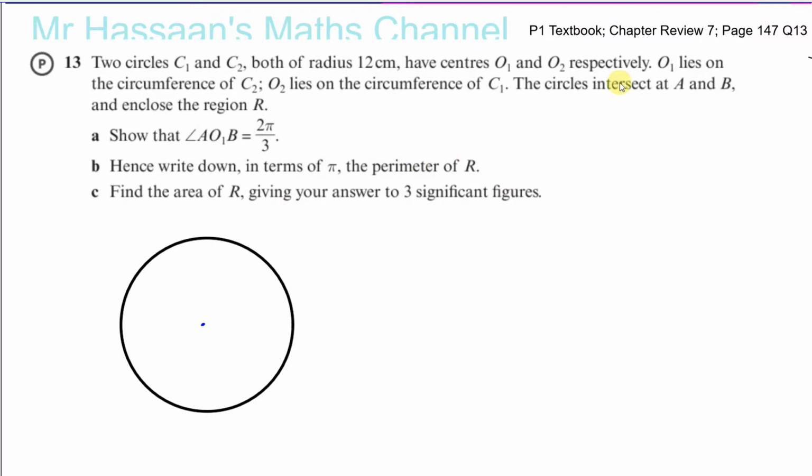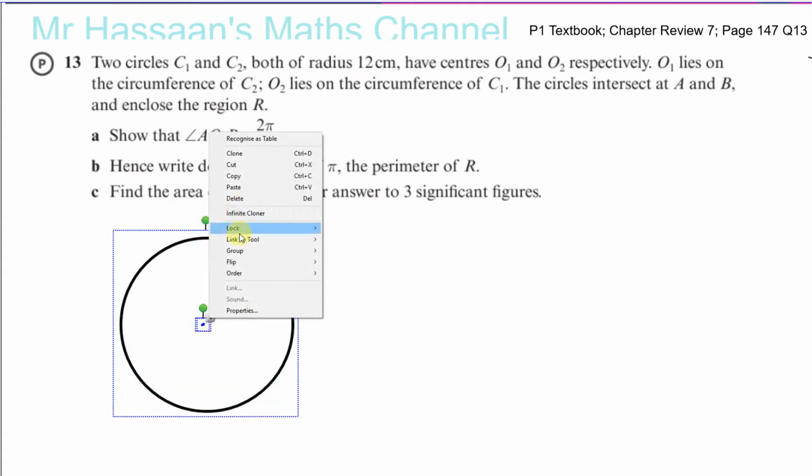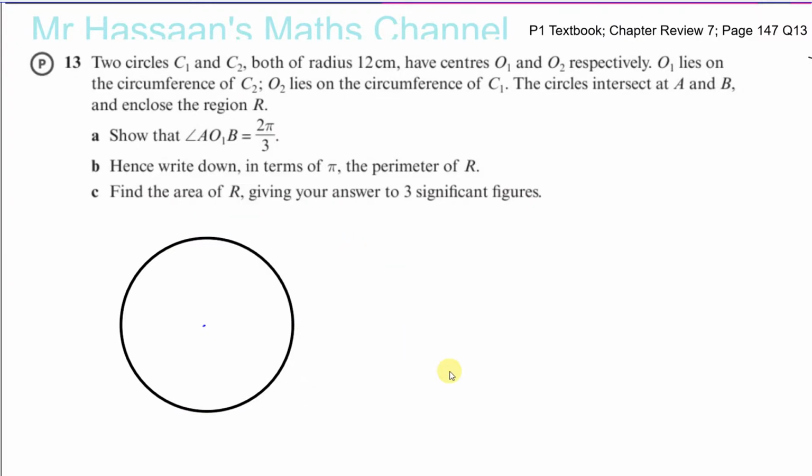So it says basically the centers O1 and O2. O1 lies on the circumference of C2. Let me just group it together so they'll move together, hopefully. So that's the center of that circle and that circle.